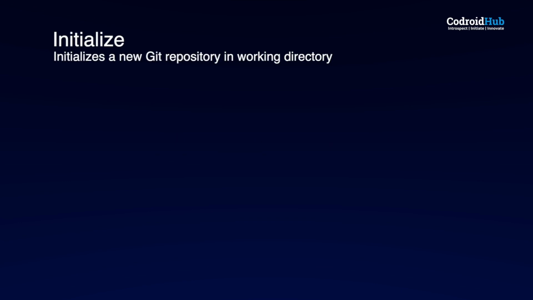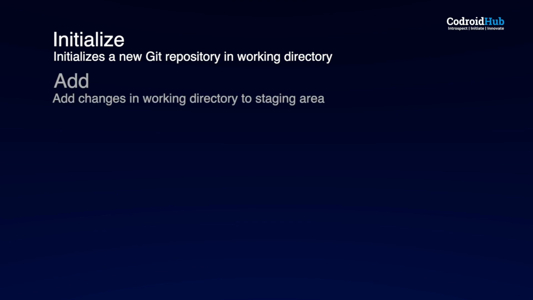Initialize command is used to create a new local Git repository in your working directory. In other words, it creates a hidden .git folder where all the Git files are saved. Add command is used to add changes in the working directory to staging area.